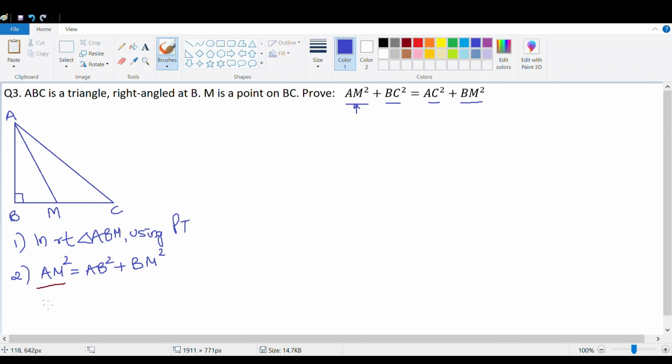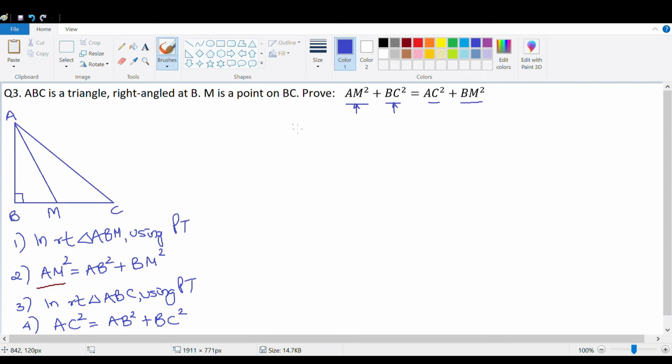So number 3, in a right triangle ABC using Pythagoras theorem, what I get is AC square is equal to AB square plus BC square. Yes, AC square is equal to AB square plus BC square. So they want me to add BC square to AM square.